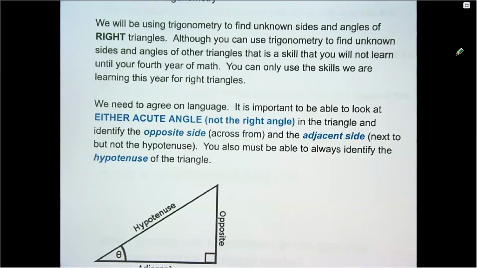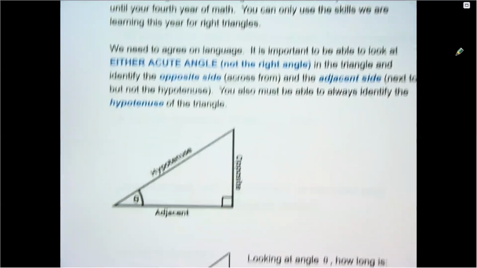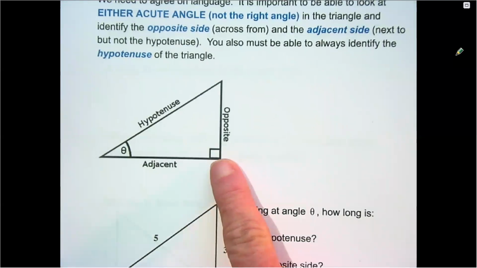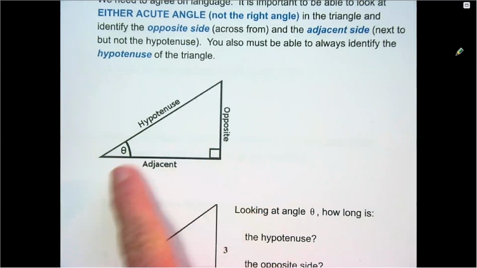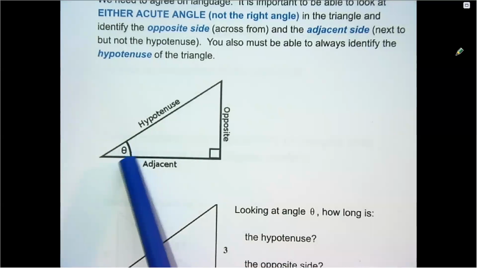So before we work with our trigonometry, we need to begin by agreeing on some language. Okay, so that's what I have written here. And we're going to talk about the acute angles, not the right angle. So the right angle, we don't address it. We talk about these other two angles in the triangle. And when we talk about an angle, that little symbol right there is a symbol for an angle.